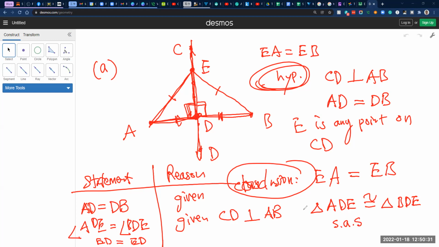Because the triangles are congruent, therefore EA is congruent to EB. Good?